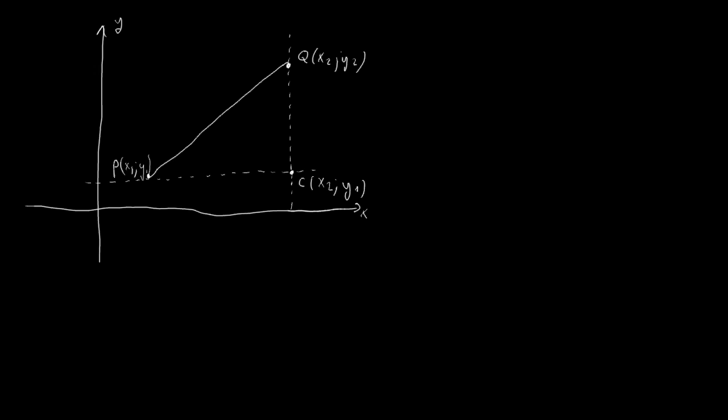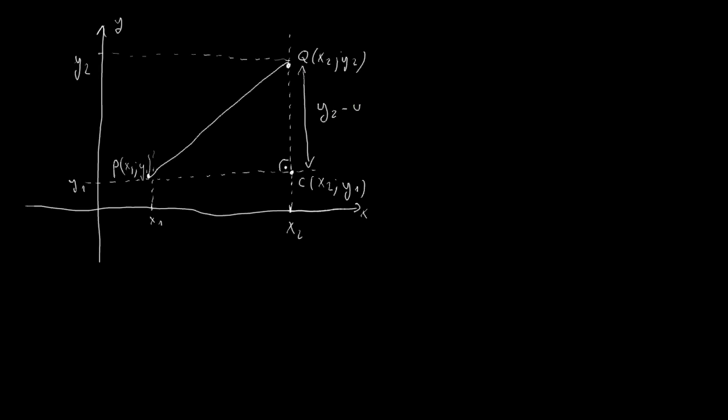And now PCQ is a right-angled triangle. So this is the right angle. And as you can see here, this is x2 and this is x1. This is y1 and this is of course y2. So as you can see here, this is the delta y, so the increment in y.